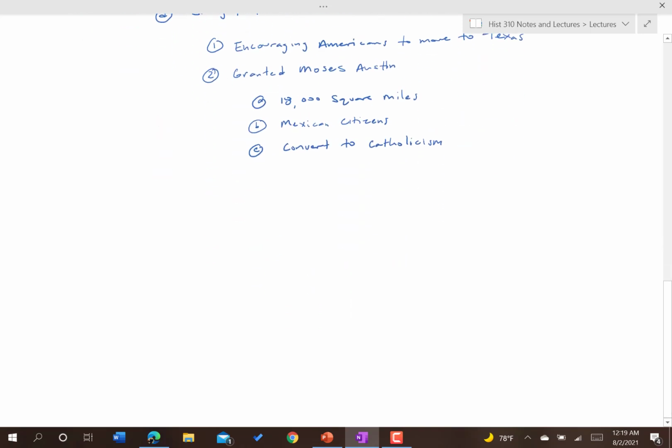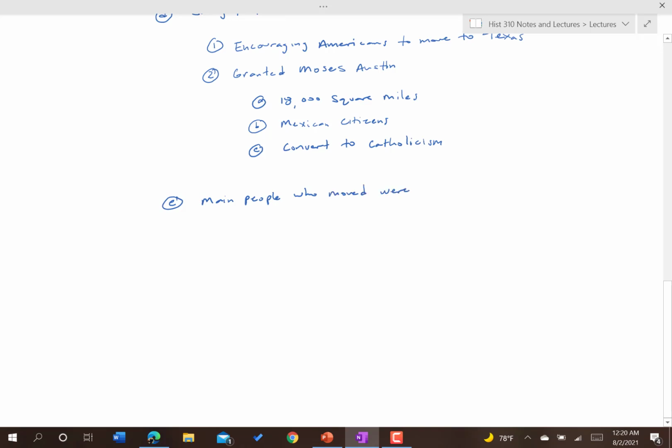Still settlement. We'll put it here, and of course one of the issues that comes with this is that the main people who moved to Texas were slave owners.